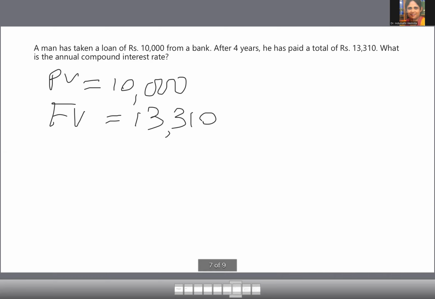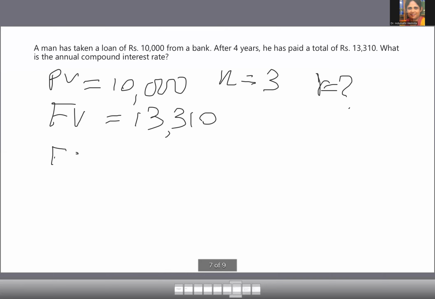Time also we have, I put in here 3, and it is asking for R. What is the R? Right, R is asked. So this is very easy. You can do that one also.